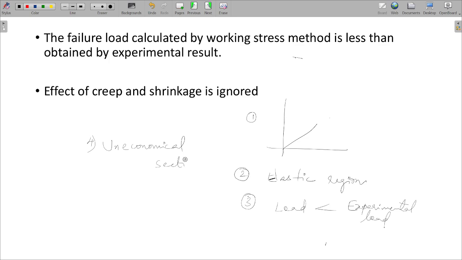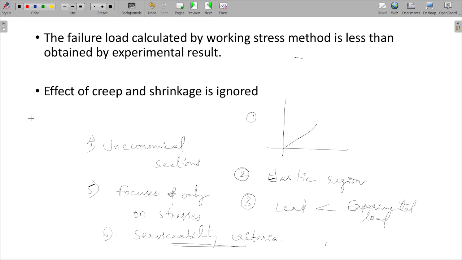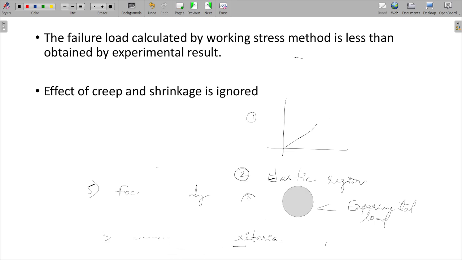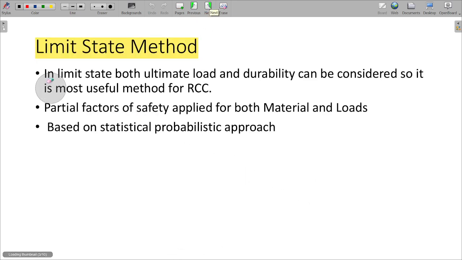And the most important thing is it focuses only on stresses, meaning it focuses only on materials, and it takes working load or service load as it is. And the last one is that it ignores serviceability criteria when the building is put into service. That is about the working stress method.